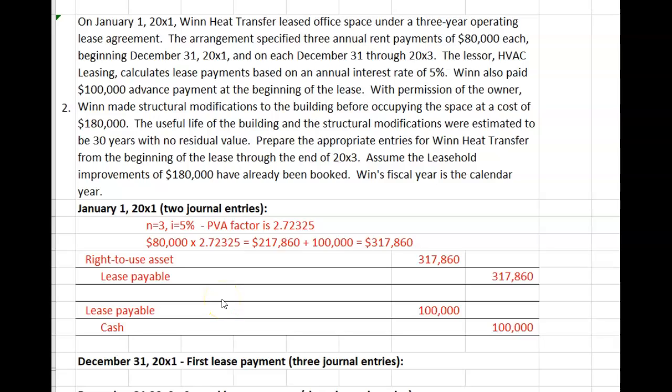Well, we need to find the present value of the 3 $80,000 payments. And we also need to add to that present value the $100,000 that was paid at the very beginning of the lease to calculate an original lease liability of $317,860.